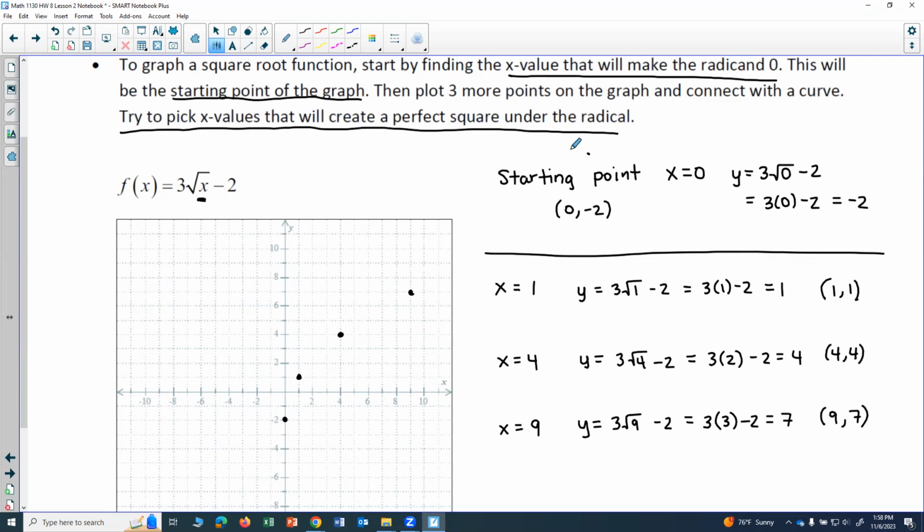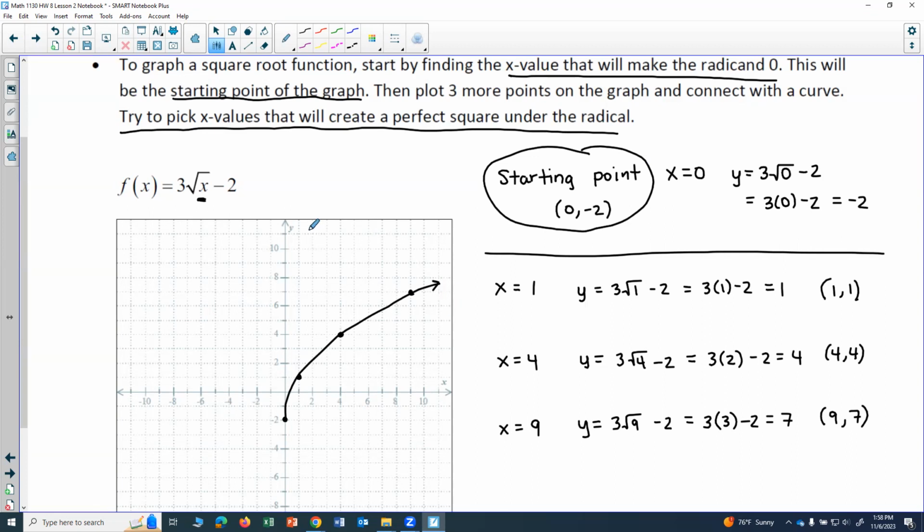And keep in mind, this 0, -2 was the starting point of my graph, meaning my curve is not going to go beyond that. So I'll go ahead and connect these with a smooth curve. And that will be the graph of f of x equals 3 square root of x minus 2.